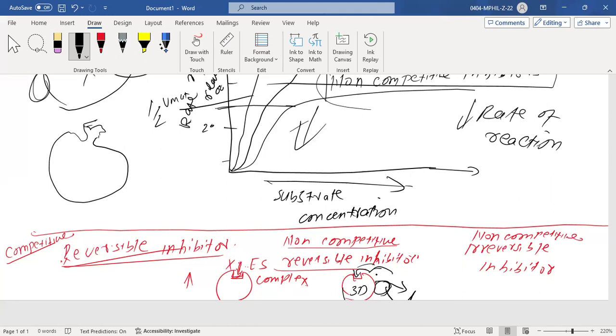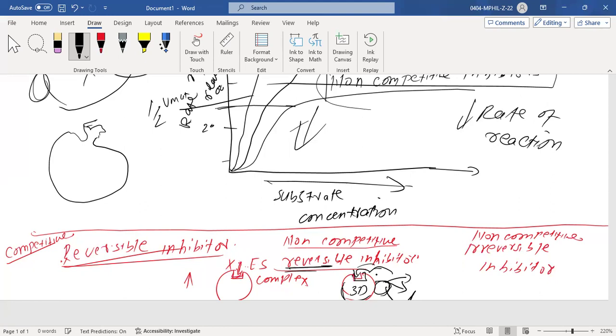But that is temporary, because if you increase the substrate concentration, and because it is reversible, it is possible that this inhibitor may detach from this globular part of the enzyme by itself. This is one way. If you have a small number of substrate molecules, they will not change the shape of the active site, because the active site shape is only temporarily changed.